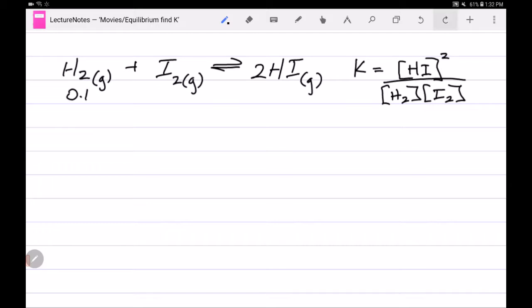If you have 0.15 molar hydrogen at equilibrium, with 0.15 molar iodine at equilibrium, with 0.11 molar hydrogen iodide, and that's all at equilibrium, you can find the equilibrium constant K. So you would just take those equilibrium concentrations and plug them into the equilibrium expression.